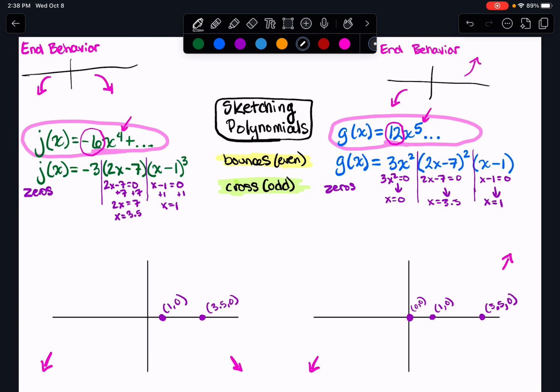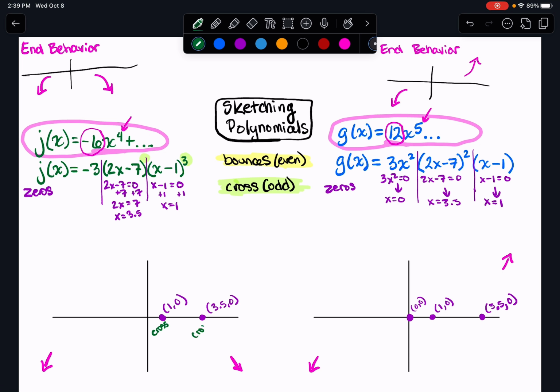So I go back to my factored form for this, and I just check the multiplicity of each of my roots. So looking at j of x, there are no even multiplicities. Negative 3 is to the first power, 2x minus 7 is to the first power, x minus 1 is to the third power. So all of my multiplicities in j of x are odd, which means everything is going to be a cross.